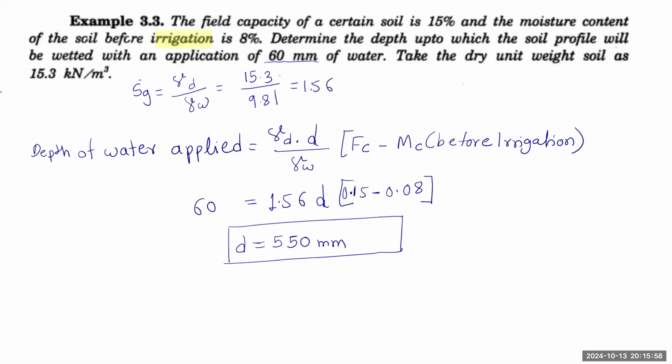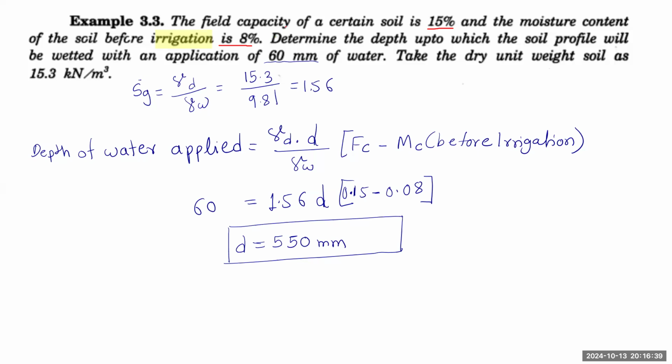Now consider this first problem. I have given some problems in the assignment, and the same problems are here. The field capacity of a certain soil is 15%, and the moisture content of the soil before irrigation is 8%. Before applying water to the soil, moisture content is measured and it is 8%.